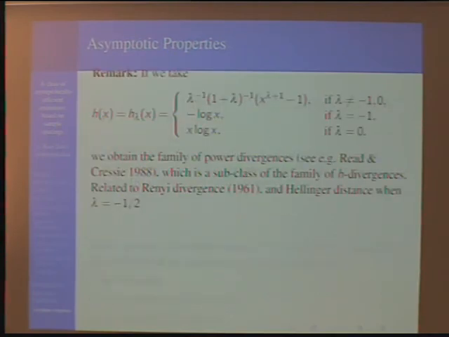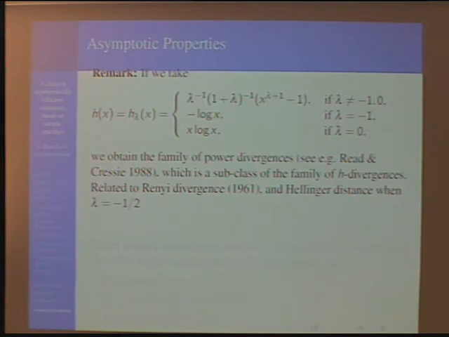It turns out, if you look at the so-called power divergence measure, this is a family of power divergences. The Box-Cox transformation has something to do with this. In fact, this goes back to Rényi, 1961. He has a divergence measure that's connected to this.